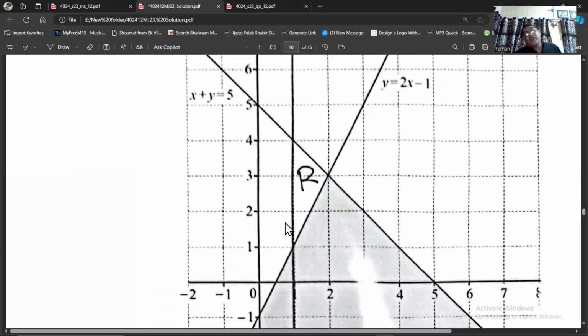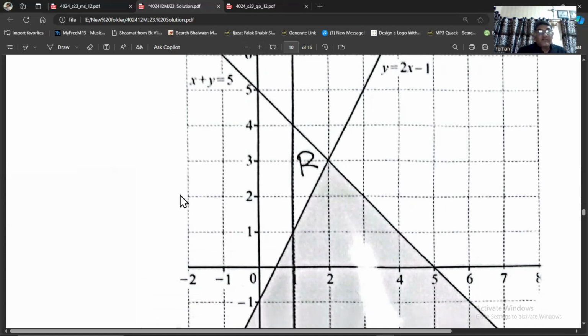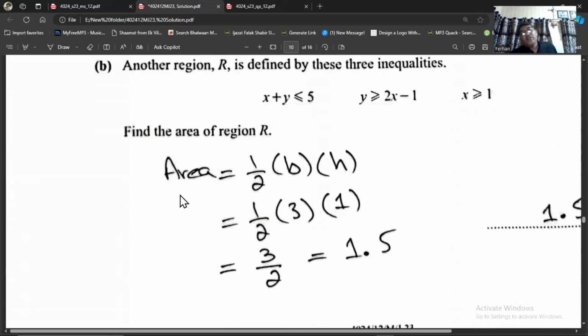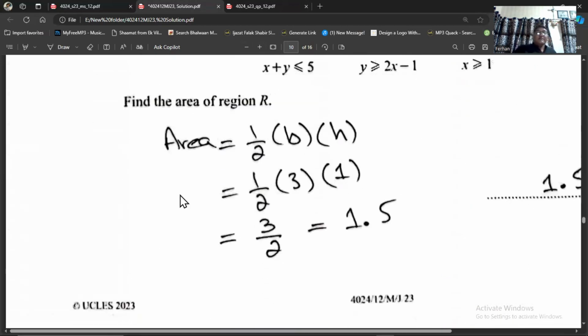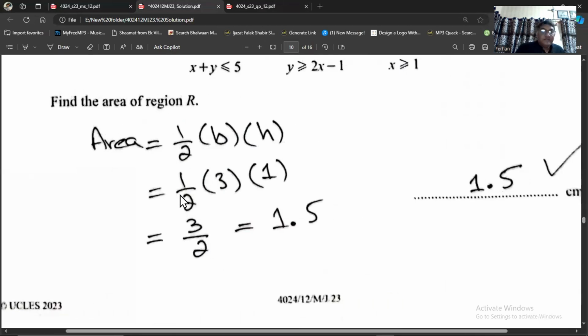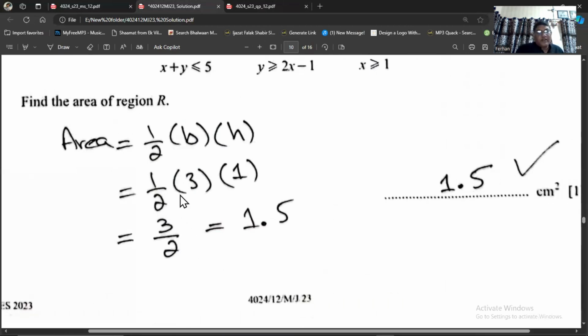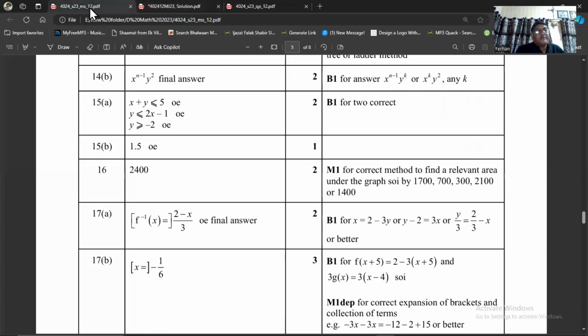The base of this triangle is 1, 2, 3, and the height of the triangle is 1. So the area of the triangle will be 1 by 2 into the base into the height, that is 1 by 2 into 3 into 1, which is 3 by 2, and that will be 1.5 centimeter square. 1.5 is the right answer.